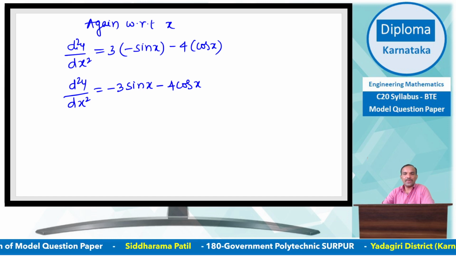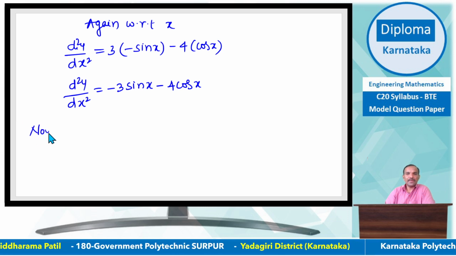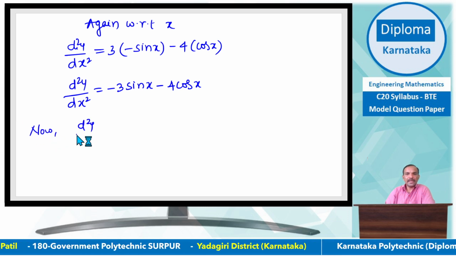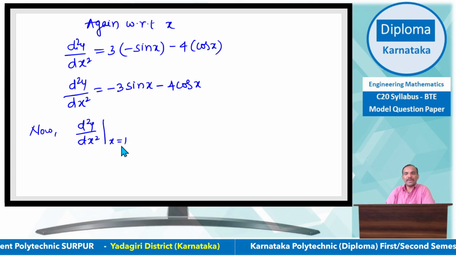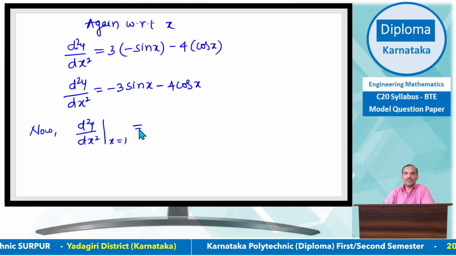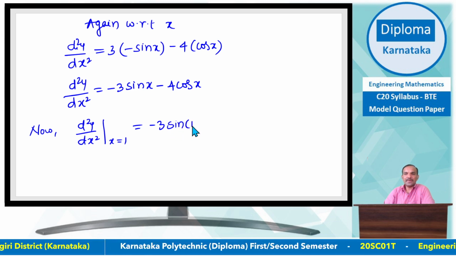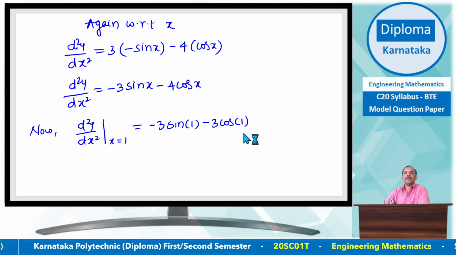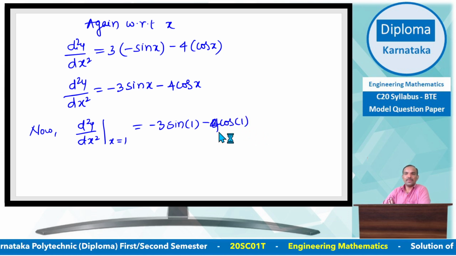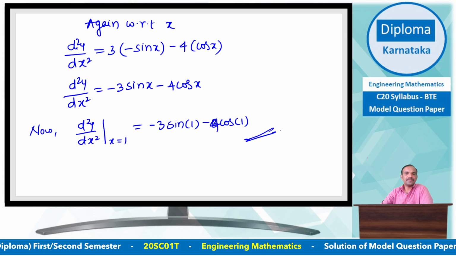At x equal to 1, d square y by dx square means you just have to put minus 3 sin 1 minus 4 cos 1. It is not possible to simplify further, you have to stop here only. This is the required answer.